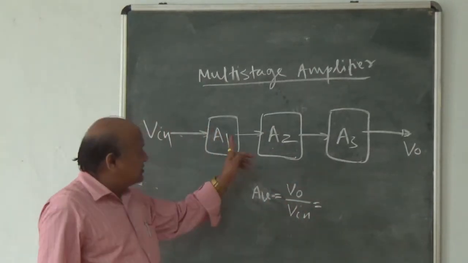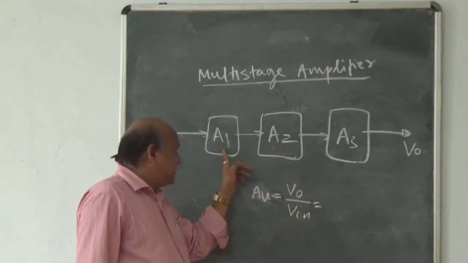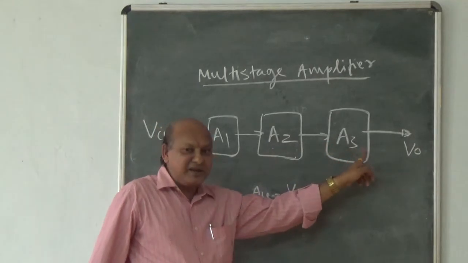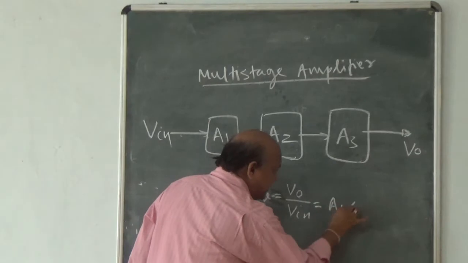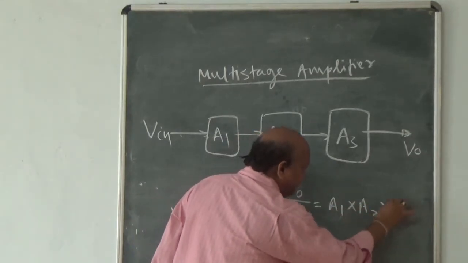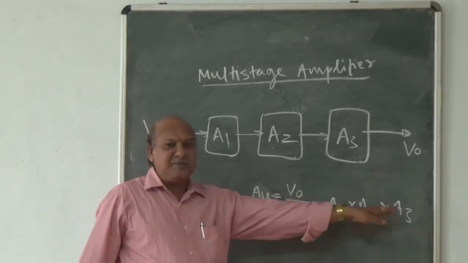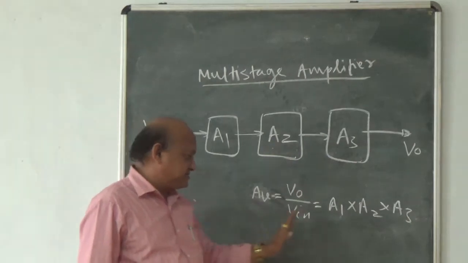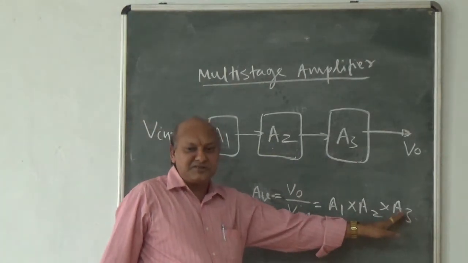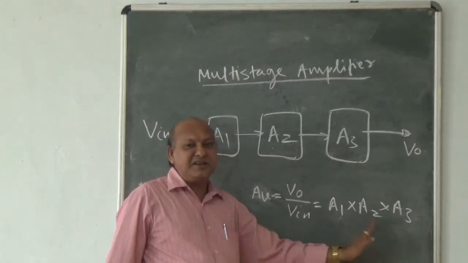Looking at this diagram, we find the individual gains are A1, A2 and A3. Simply we multiply these gains, A1 into A2 into A3. You can observe that the gain is multiplied, which means the overall gain of the multi-stage amplifier increases.